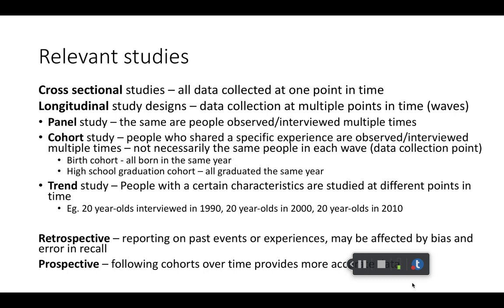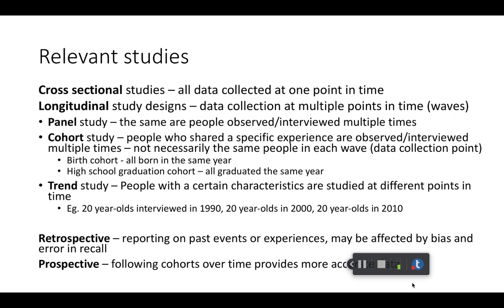Panel studies include the same people observed at multiple points in time. Cohort studies include people who share a specific experience and are observed or interviewed multiple times, but not necessarily the same people participate in each wave.